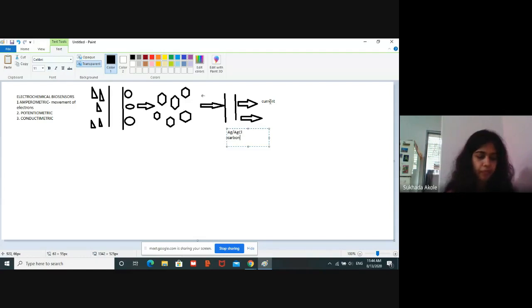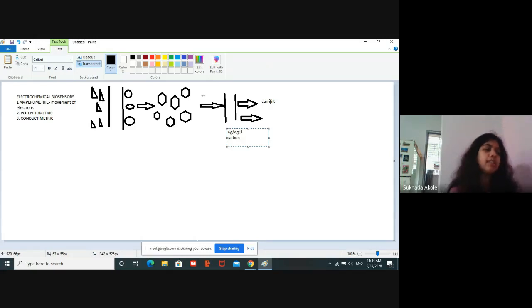The potential difference obtained between the potentiometric electrode and the reference electrode can be measured and converted into the actual reading. This difference between the potentials of both the electrodes is proportional to the concentration of the substrate that is available.